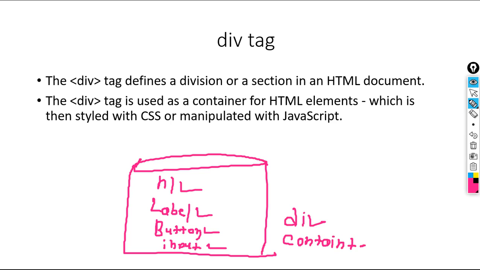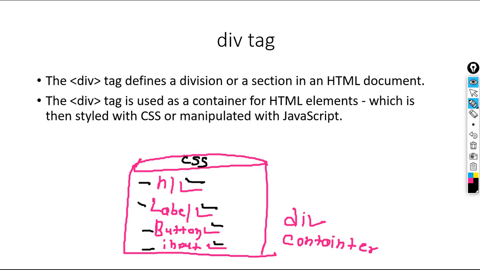So if we want to apply style to all these elements with the help of CSS, then we need not apply it individually on each and every element of the container.